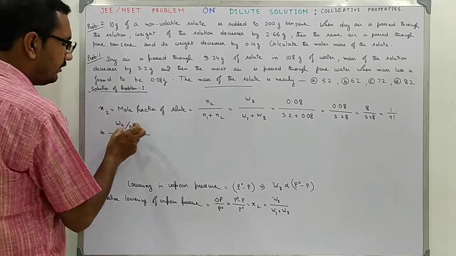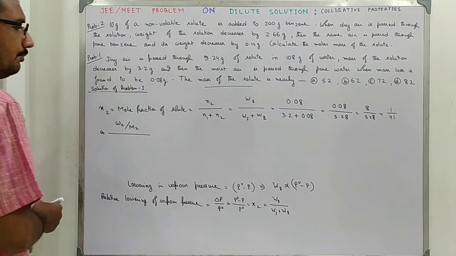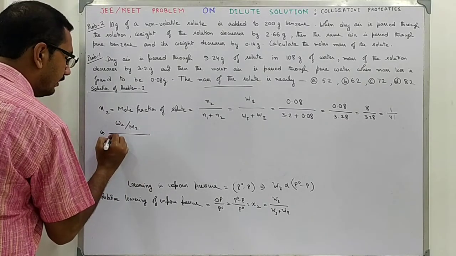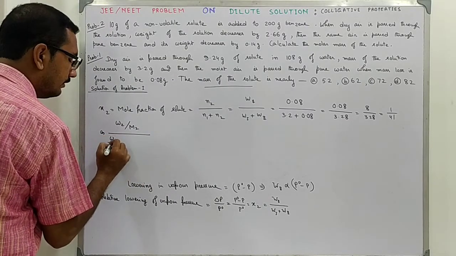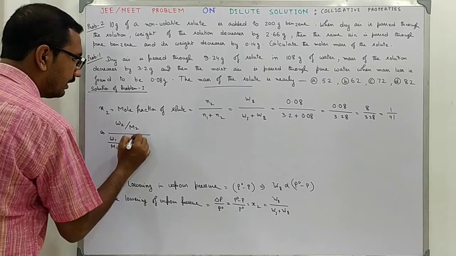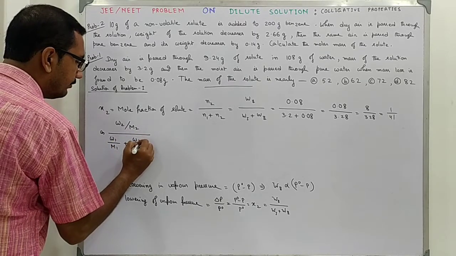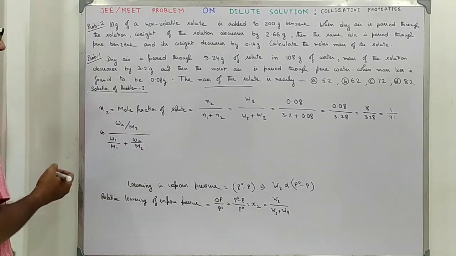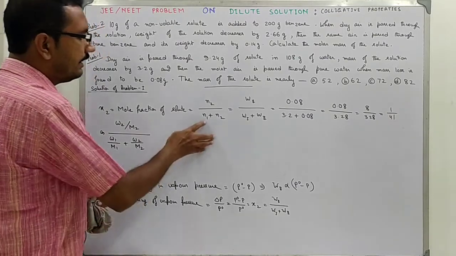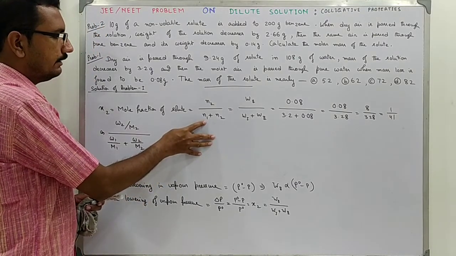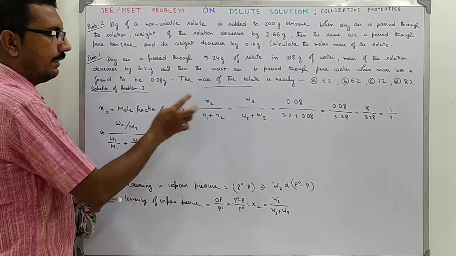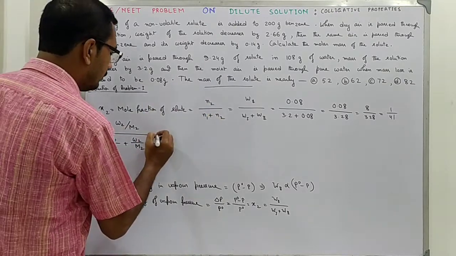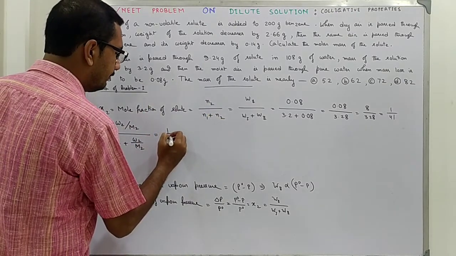So mass by molecular weight will give you the number of moles. This will be W1 by M1 plus W2 by M2 again. Now this 1 refers to the solvent, this 2 refers to the solute, and it is 1 by 41.